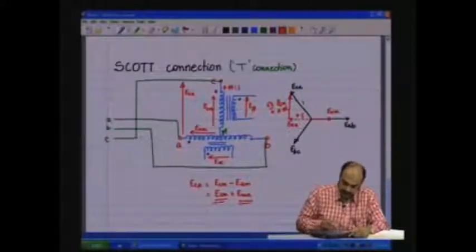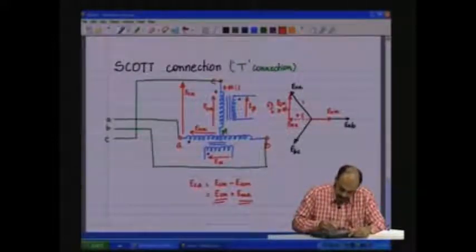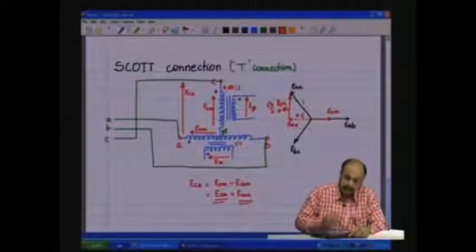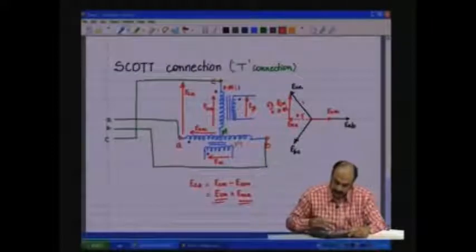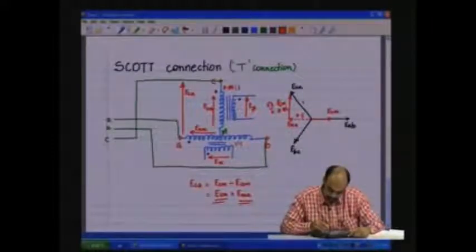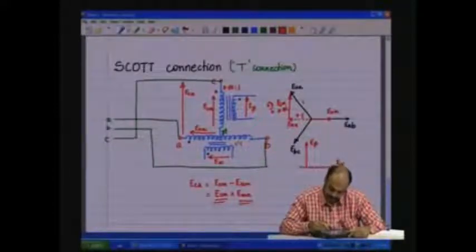So, E alpha is nothing but EAB, and we could have, let us say, 1:1 turns ratio. Now, this gets stepped up from 0.86 to 1 and you have E beta. So, we have E alpha along EAB and then we have E beta along this direction.